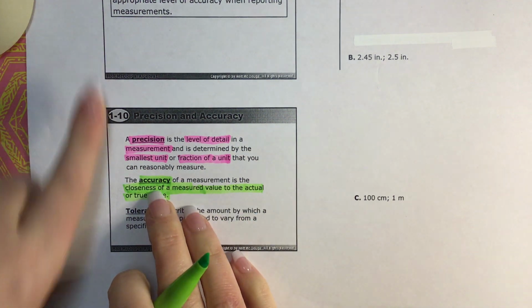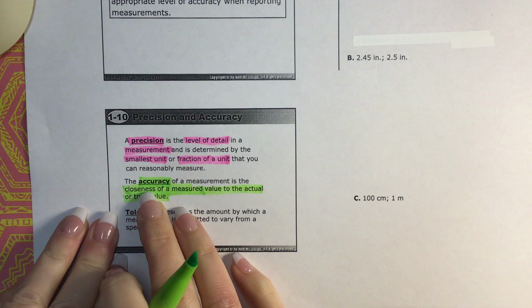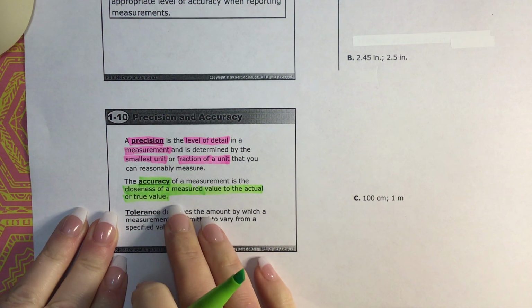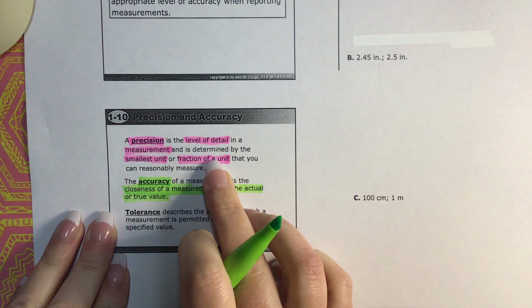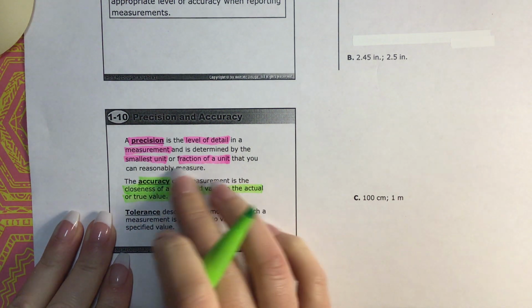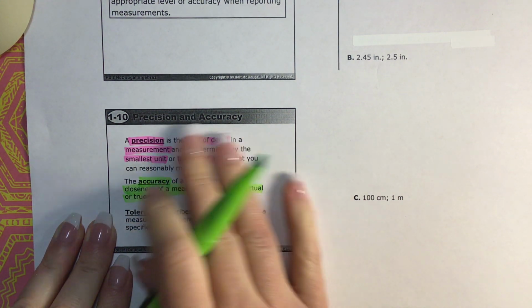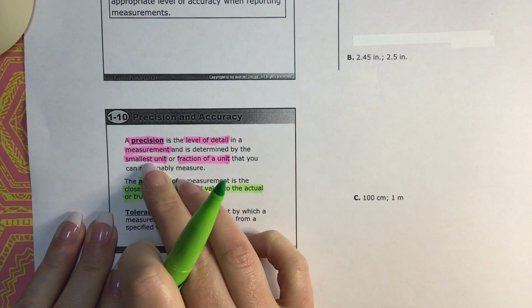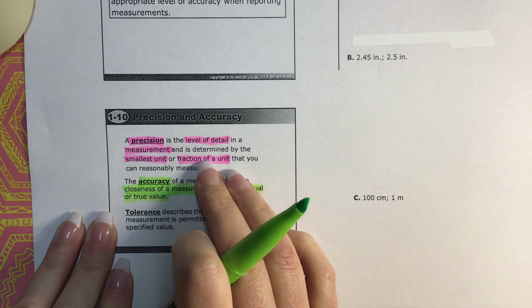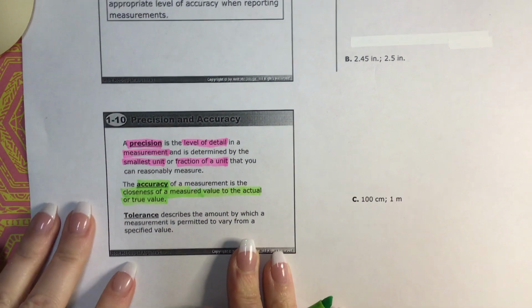So this is different. Accuracy is how close the value is to the actual value. Precision is talking about the level of detail, like what units you measured with. Basically, the smaller the unit that you measure with, the more precise a measurement you will get, okay? And we'll talk about tolerance a little later.